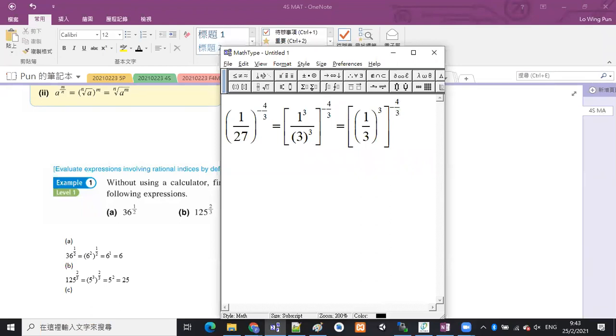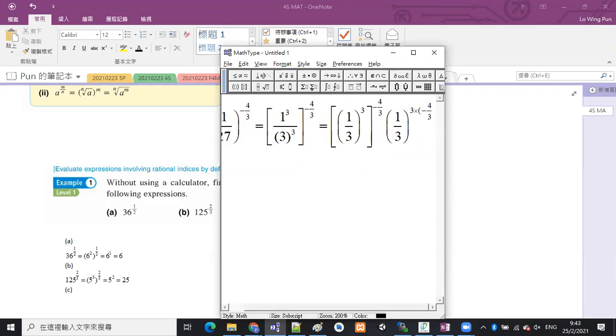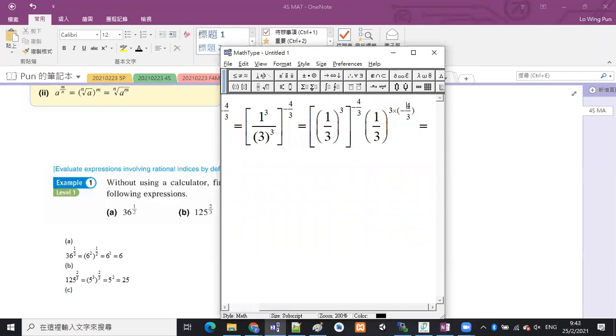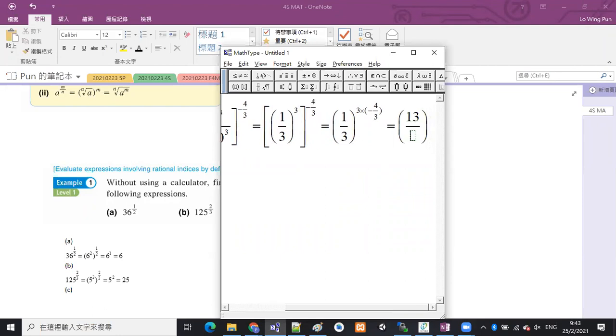Okay, then we can have 1 over 3 to the power, then the power of power, 3 times -4 over 3. Okay, and then when you cancel out the 3, you get 1 over 3 to the power -4.